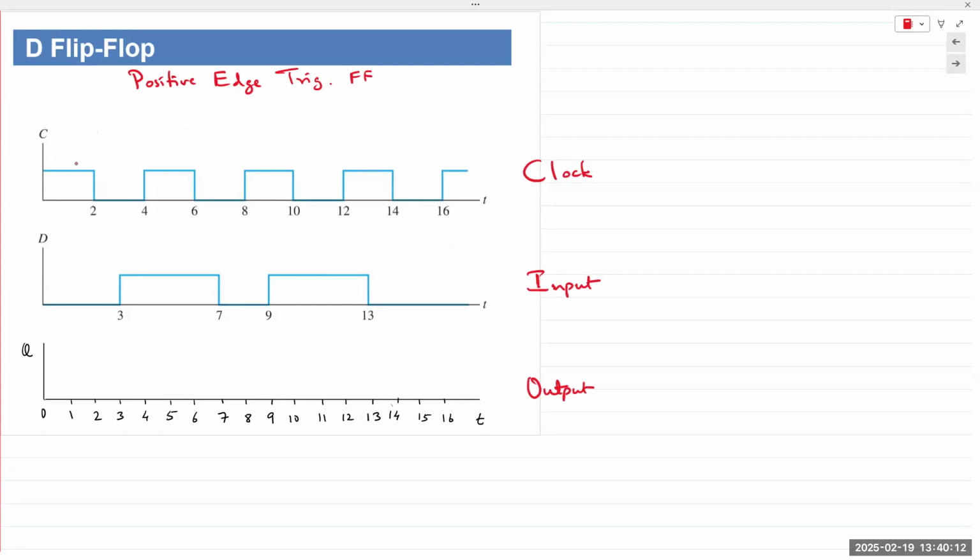So the clock input, let's identify where the transition occurs. At 2, 6, 10, and 14, we have the negative or falling edge. At 4, 8, 12, and 16, I have the positive or rising edge. So the positive edges are at 4, 8, 12, and 16.